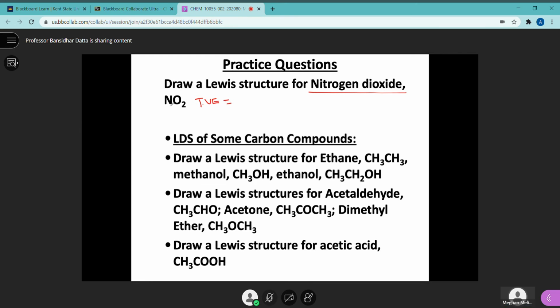Group 5. I believe it's in group 15. Well, group 5A.